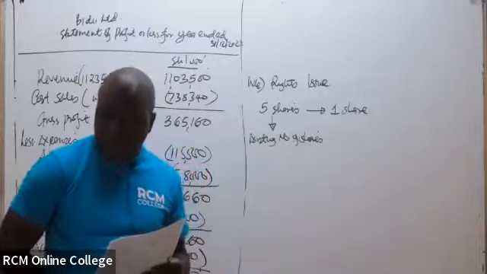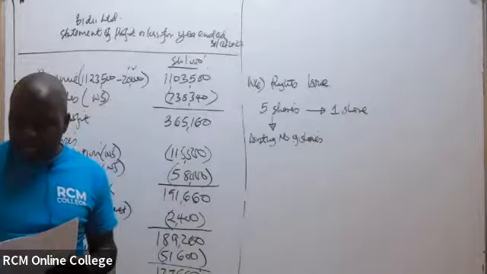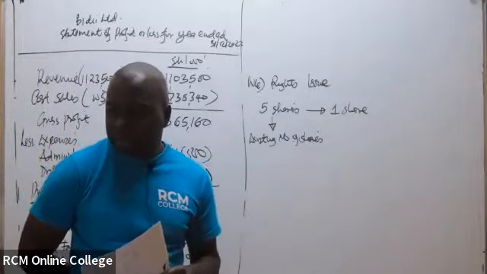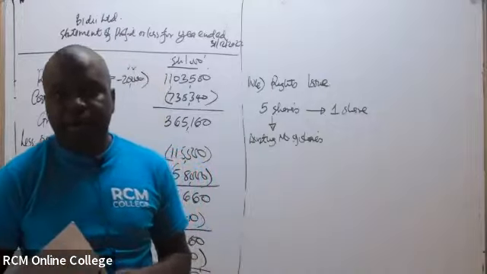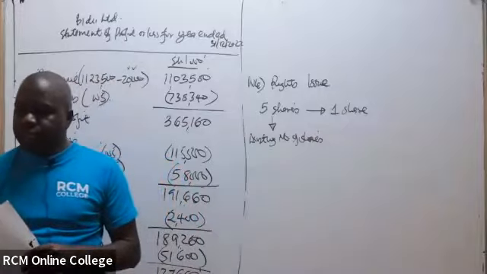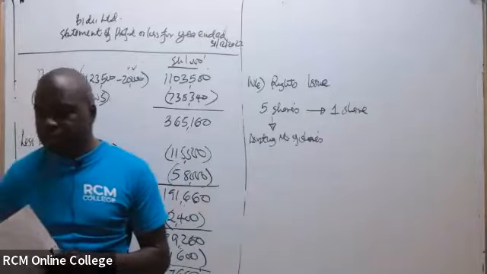I can see Valerie Wafula says 200 million. Karen Paul says 20,000. Daniel says 20K, 20 million.